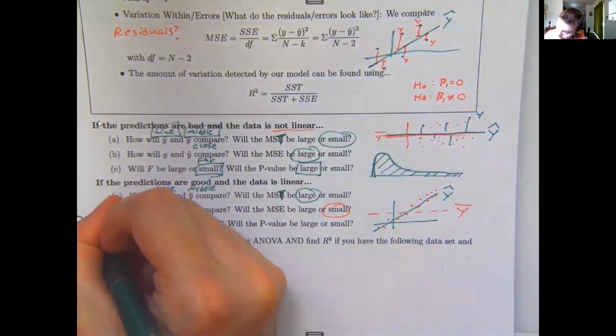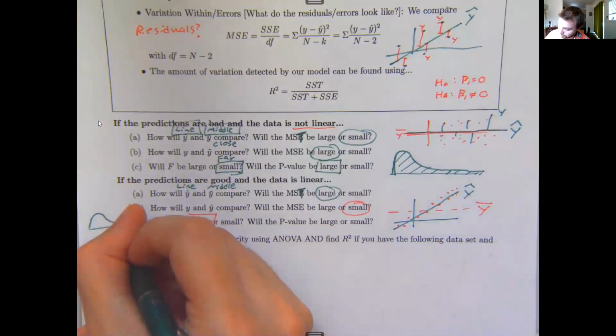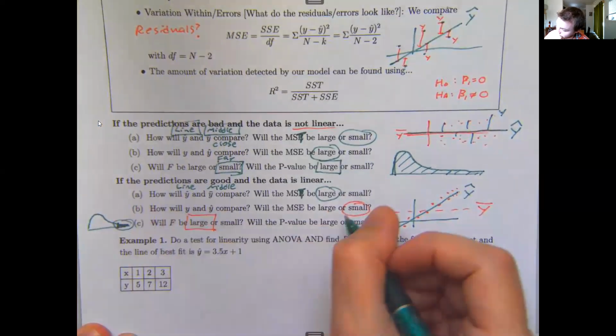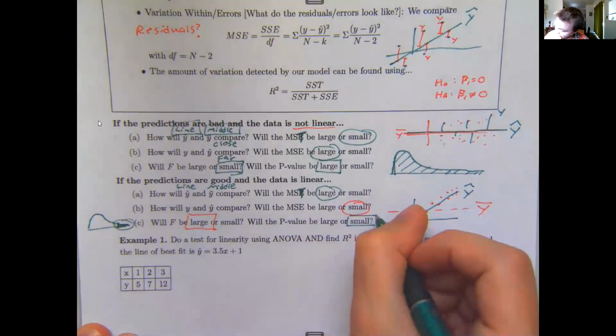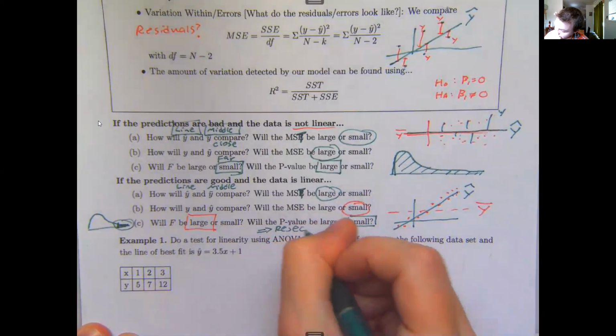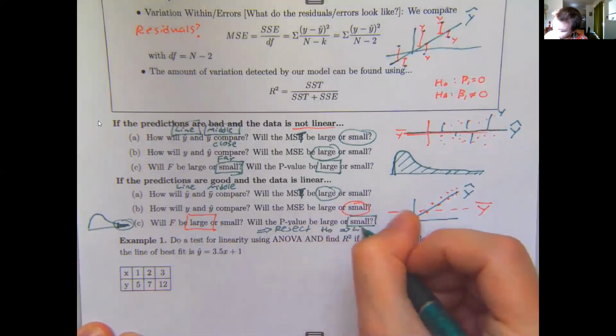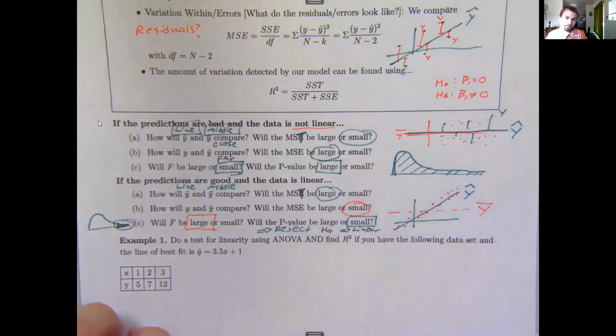If I have a large F score and I shade right, this will give me a small p-value. If I have a small p-value, I would reject the null hypothesis, and this would tell me that I have evidence of a linear relationship.